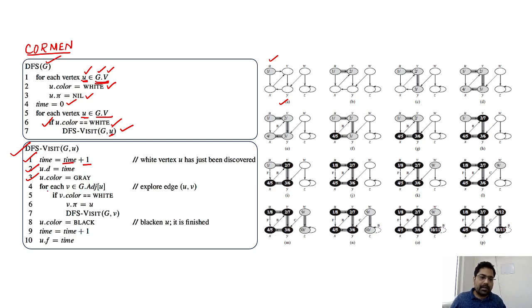Okay. Next we start the for loop where we say small v which belongs to the adjacent of u, meaning the related vertices. Here we are keeping which next related vertices will be selected first. It's a part of exploration of the edges, or you can say exploration of the vertices. Edges means u to v.